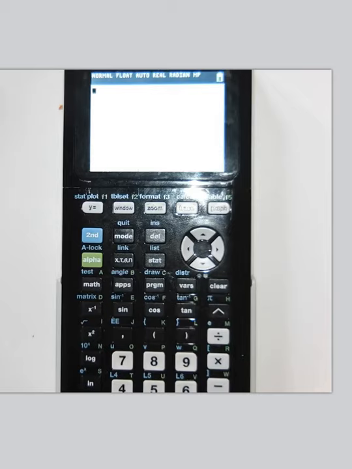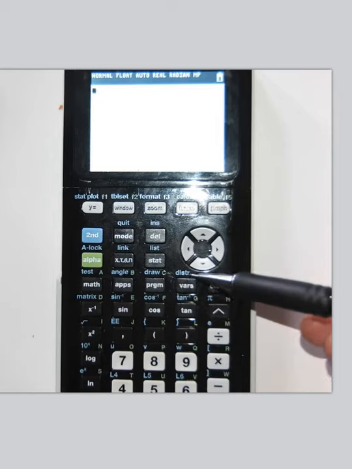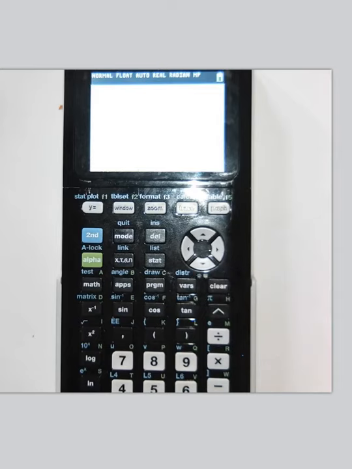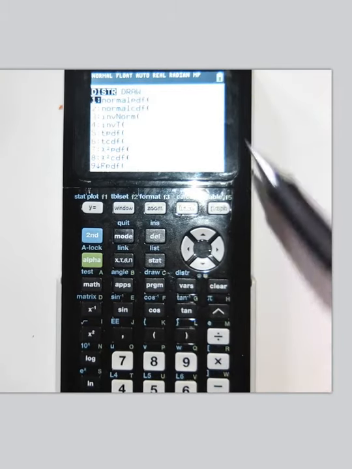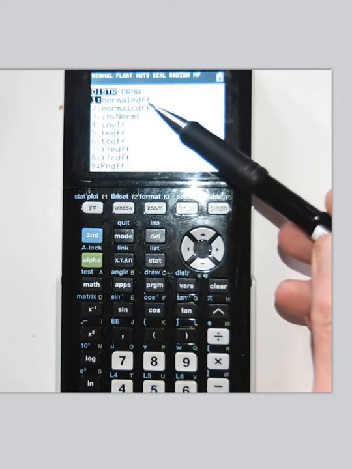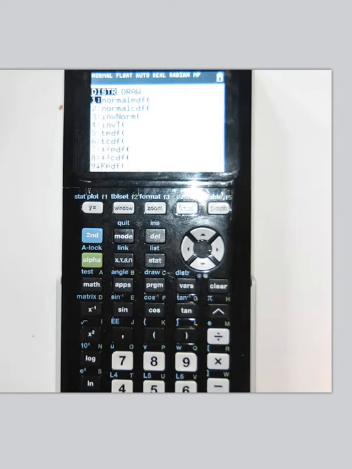On the TI-84 calculator, and all the TI calculators in general, you're looking for the distribution menu. Notice right here it says DISTR, and that's the key we're looking for. I would just hit that, and notice at the very top it says normal PDF. We do not want to use the PDF.